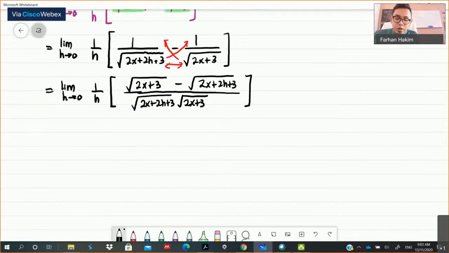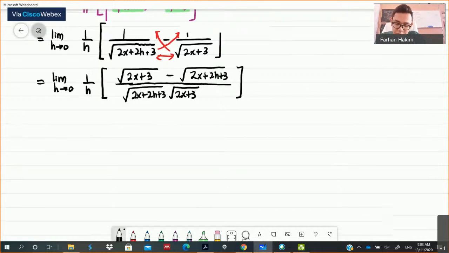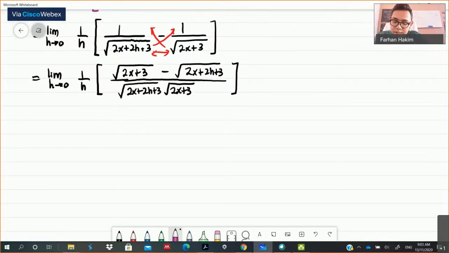So now in calculating this, we have to try to remove the square root. To do that, we have to multiply by the conjugate. The conjugate in this case is the square root of 2x plus 3 plus the square root of 2x plus 2h plus 3, because this minus will become plus for its conjugate.